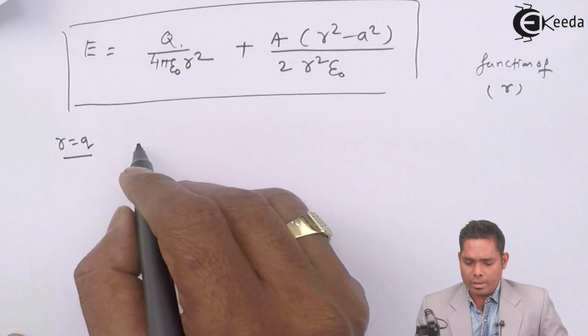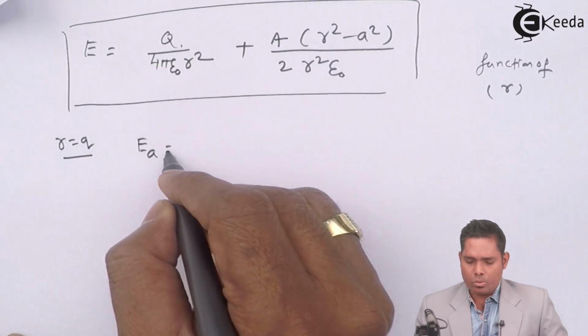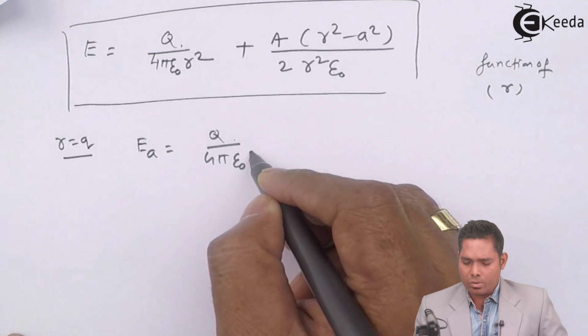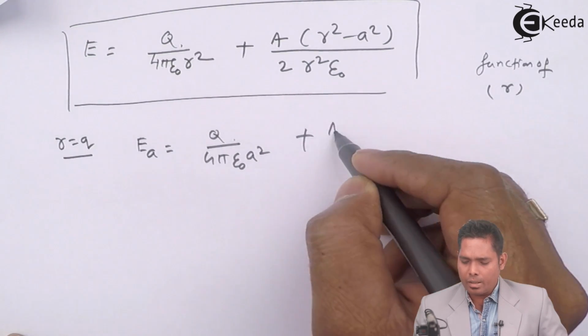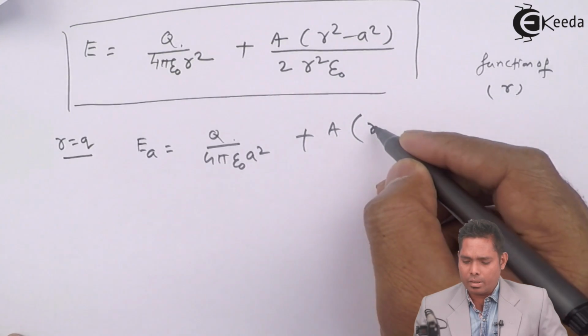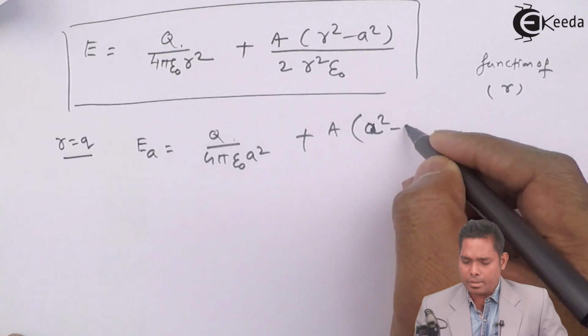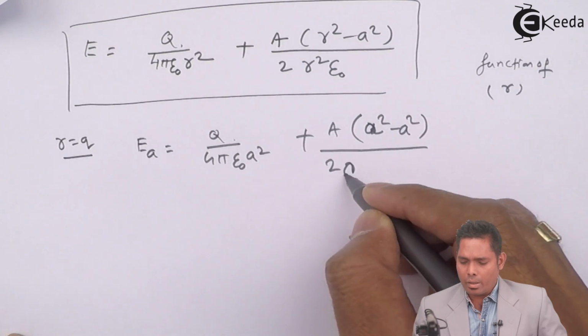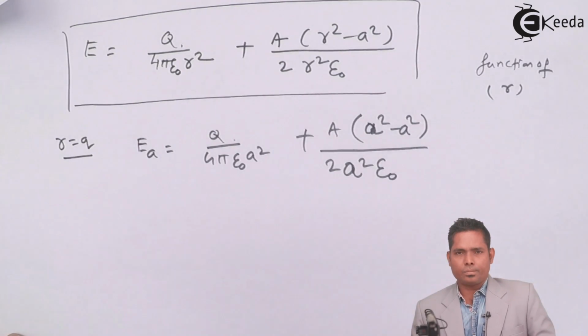So then the electric field at a equals q upon 4 pi epsilon naught a square plus a into (a square minus a square) divided by 2 a square epsilon naught.